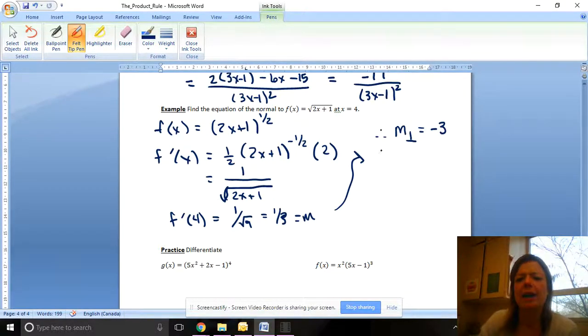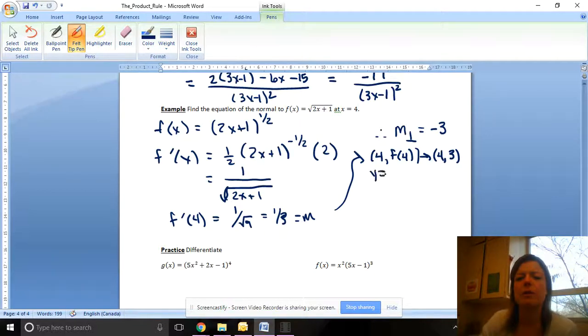We also need to find the point at 4. We need to find what f at 4 is to put that into the function to be able to find the y-intercept. And you can find that that is just 3. If you put 4 into this function, you get 3.